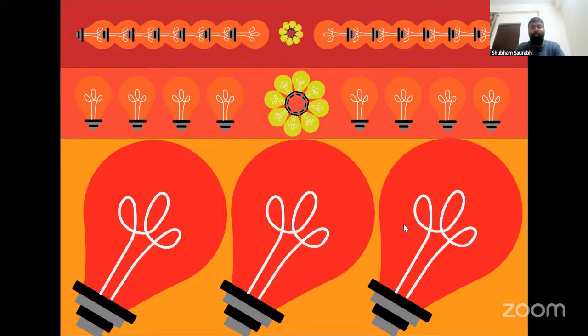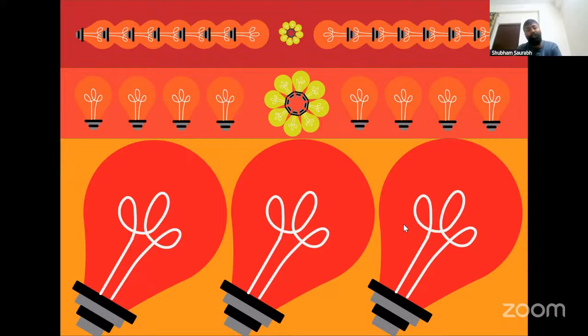Here also we have created a contrast, or we can say there is an emphasis on these three bulbs. Then when you see a lot of repetition, it becomes a pattern. You see a lot of bulbs in a very harmonious pattern. So we can see two compositions here very well: one is emphasis, or focus on something, and the other is pattern.